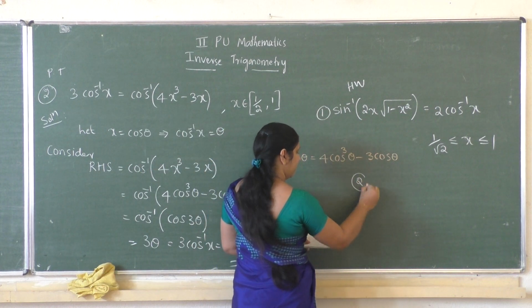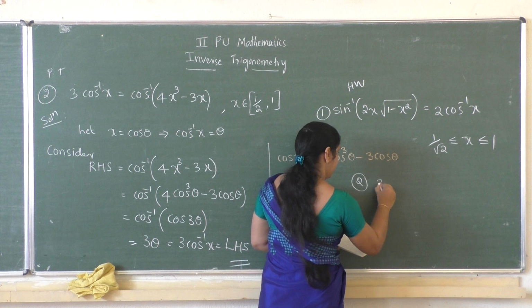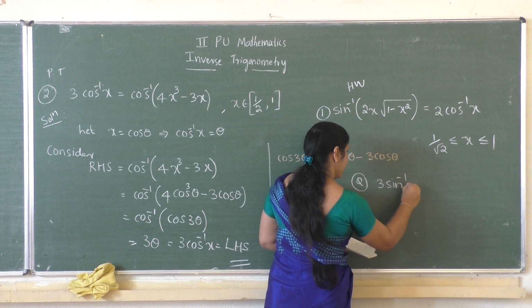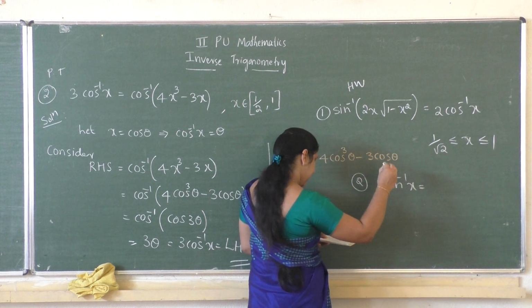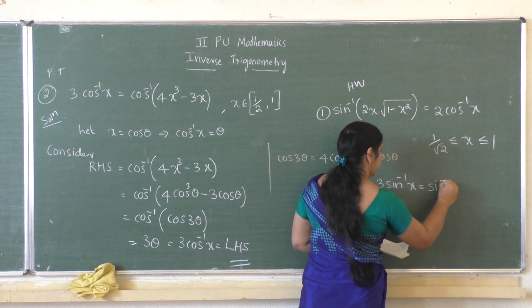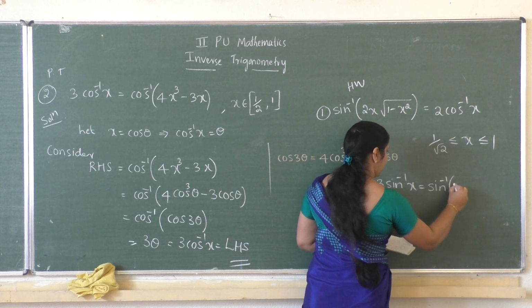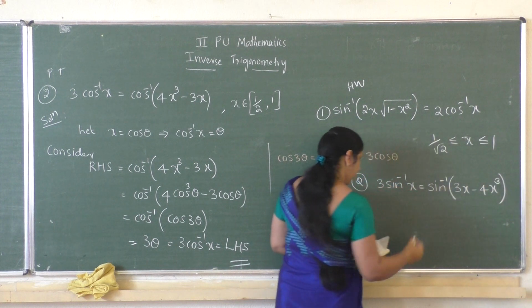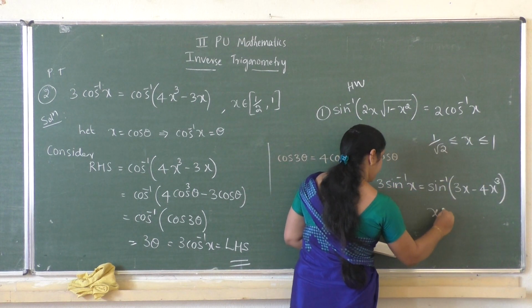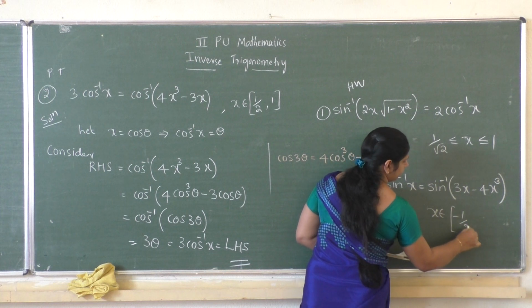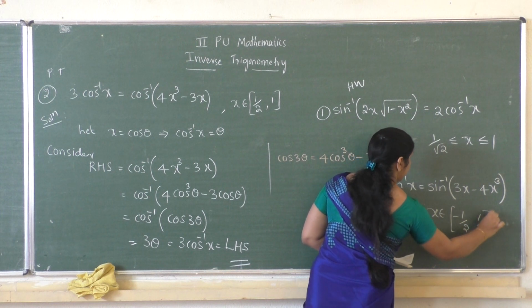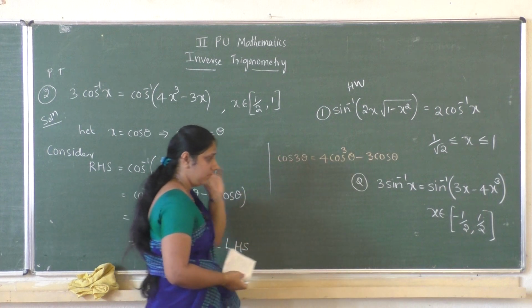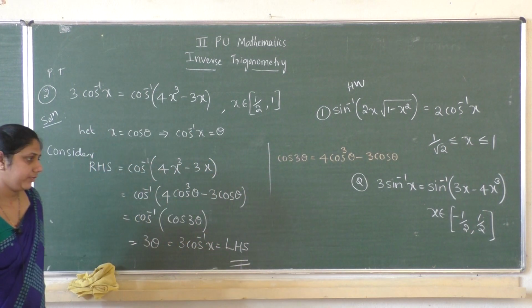Write one more homework question. Prove 3 sin inverse x equal to sin inverse of 3x minus 4x cube, where x belongs to the closed interval minus half to half.